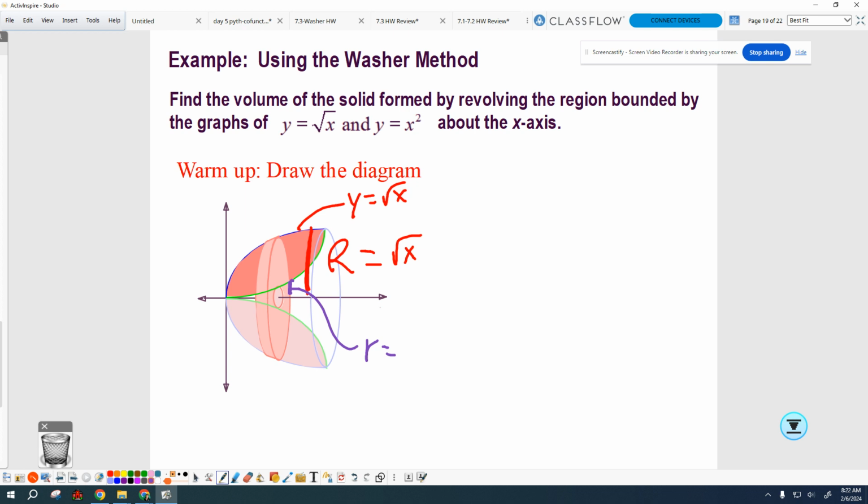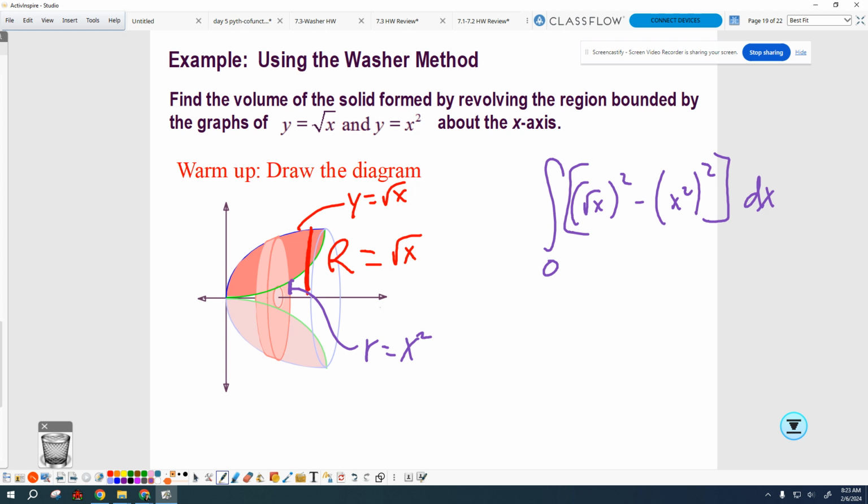It would be x squared. So the volume of the shape is big radius squared minus little radius squared, from 0 to where they intersect, at 1, and I'm missing something. It's the thing that people do wrong on this one all the time. What am I missing? Pi.